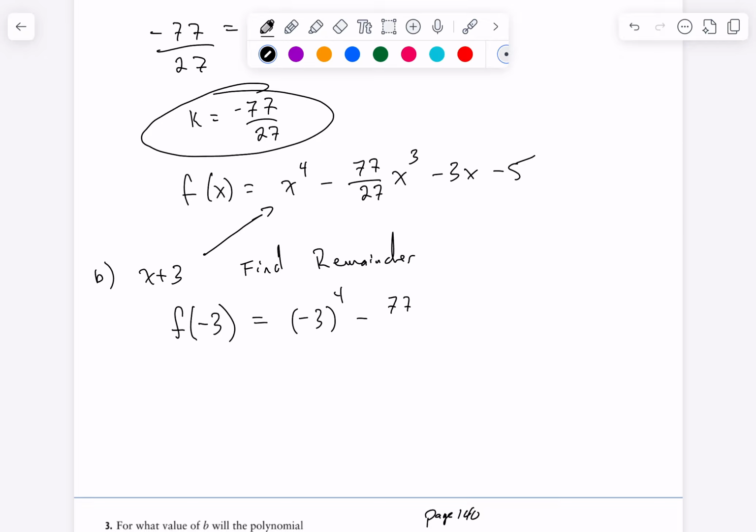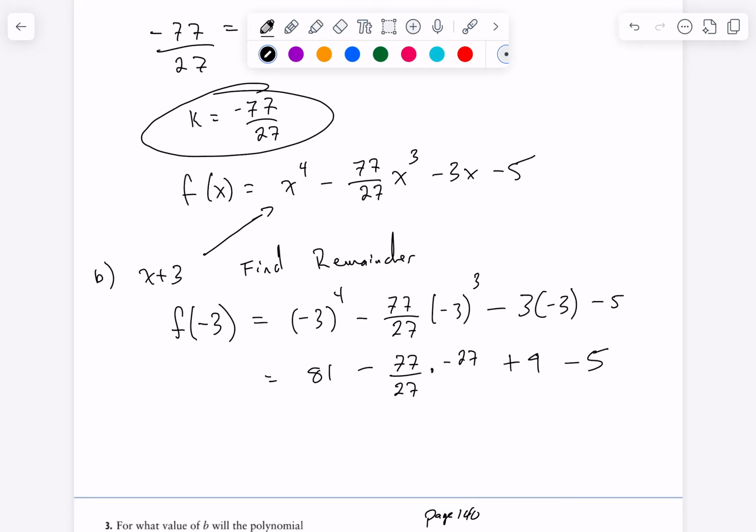Minus 77 over 27, -3 cubed, minus 3 times -3 minus 5. Oops, okay? And so you're going to get 81 minus 77 over 27 multiplied by -27 plus 9 and then minus 5.